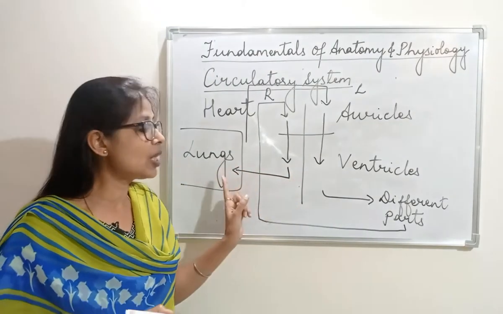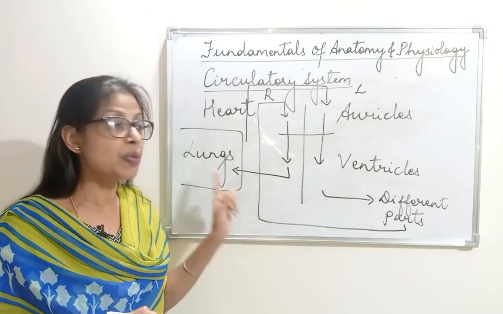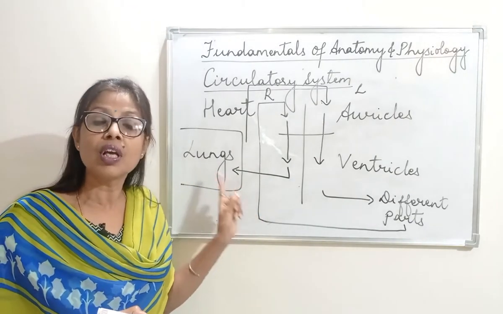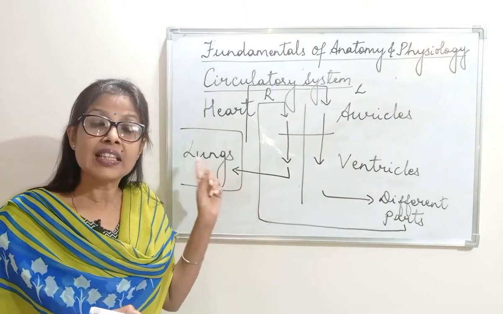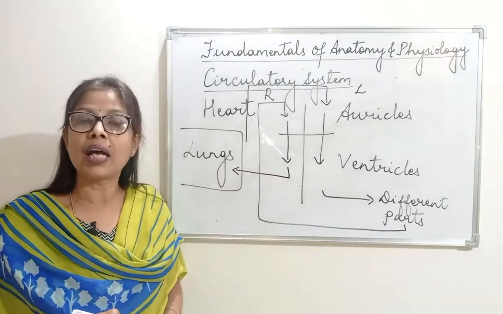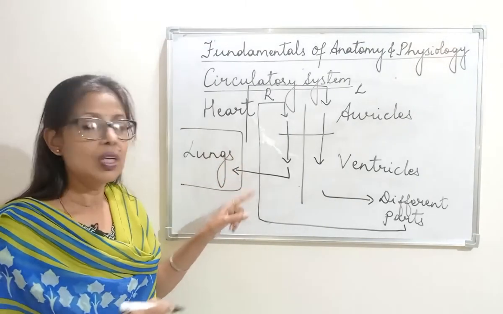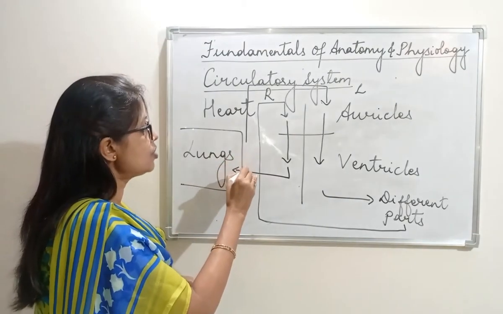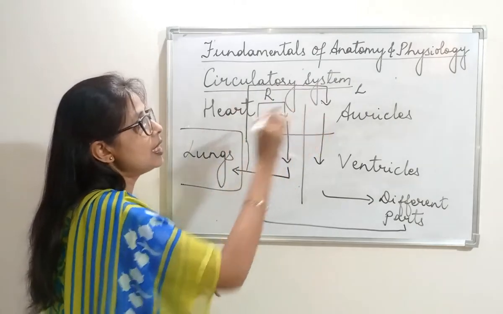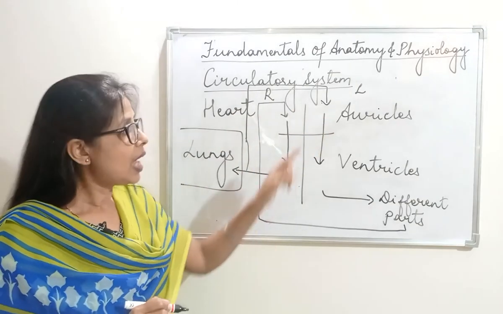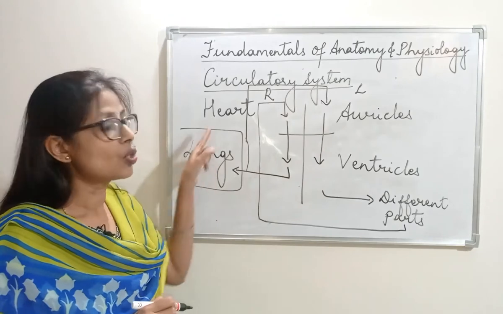Why does it go to the lungs? It goes to the lungs because the lungs have got oxygen, and this oxygen makes the blood pure. Once the blood has become pure, that blood again travels to the left auricle, and then this process goes on.